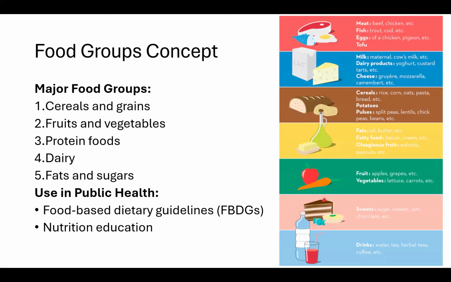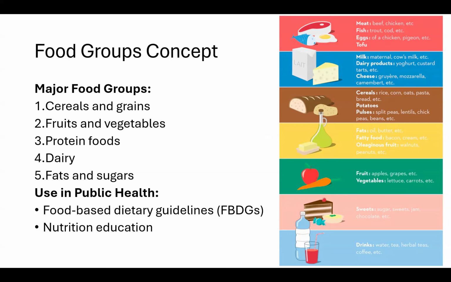Then we have the concept of food groups. We have major food groups like cereal and grains, fruits and vegetables, protein foods, dairy, and fats and sugar. So these are mainly used for food-based dietary guidelines and nutrition education. On the right side, the figure is showing different food groups.